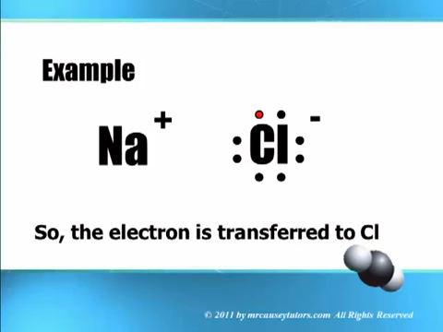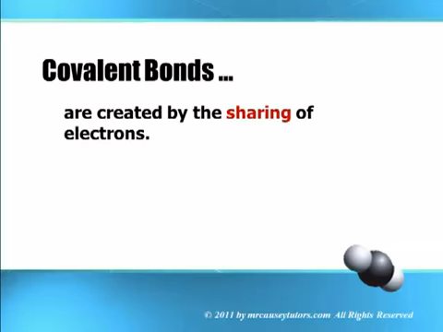As soon as the sodium gave up its electron, it got a positive charge, and chlorine accepted that transfer, and chlorine got a negative charge. And what happens to opposite charges? They attract. So now we have that strong ionic bond created by the attraction between the sodium ion and the chlorine ion. Covalent bonds are created by the sharing of electrons.